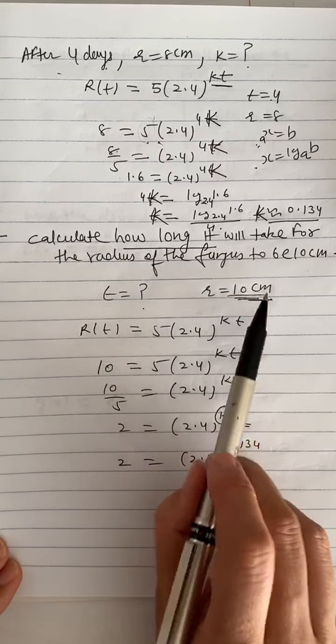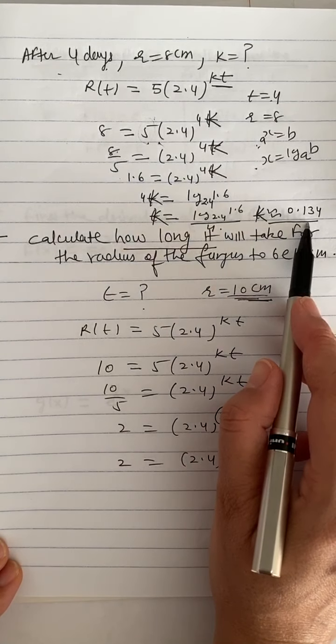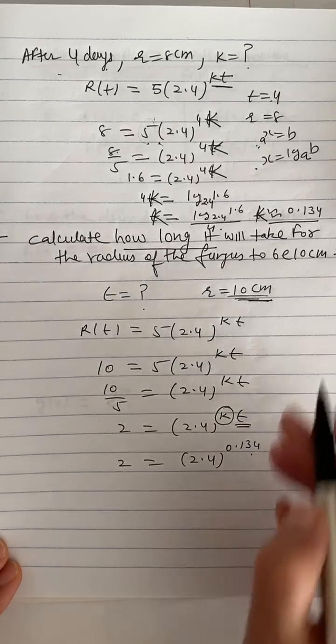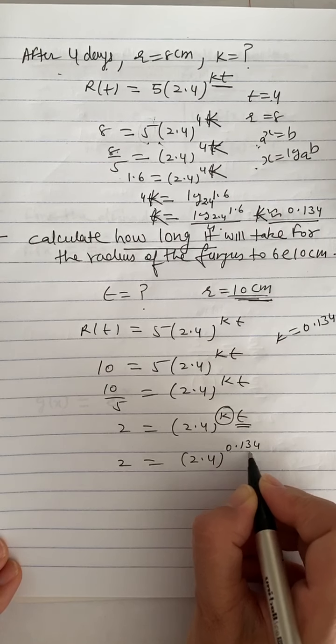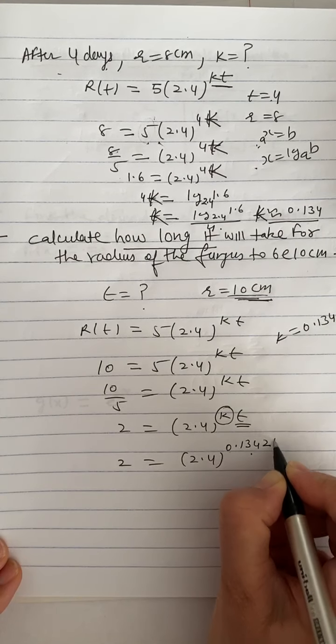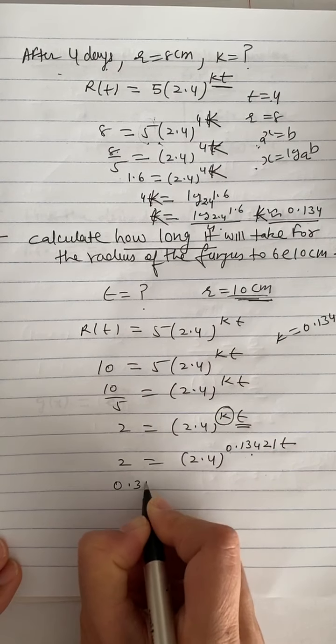Since you are using the value of k, do not use the rounded one, so maybe use more digits. In the previous part we got 0.13421, so maybe you can use 0.13421t, and now we are ready to change.